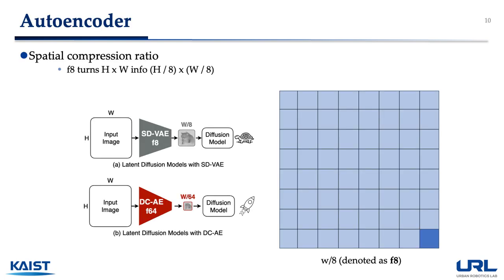Before diving into our method, let me briefly explain what we mean by the spatial compression ratios, denoted as F. The compression factor F simply describes how much the autoencoder reduces the spatial resolution. For example, F8 turns an H by W image into an H over 8 by W over 8 latent grid.